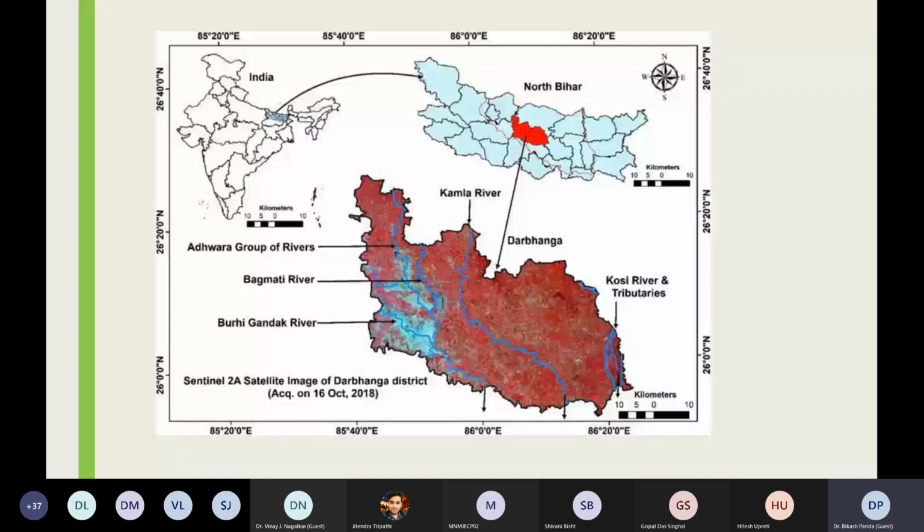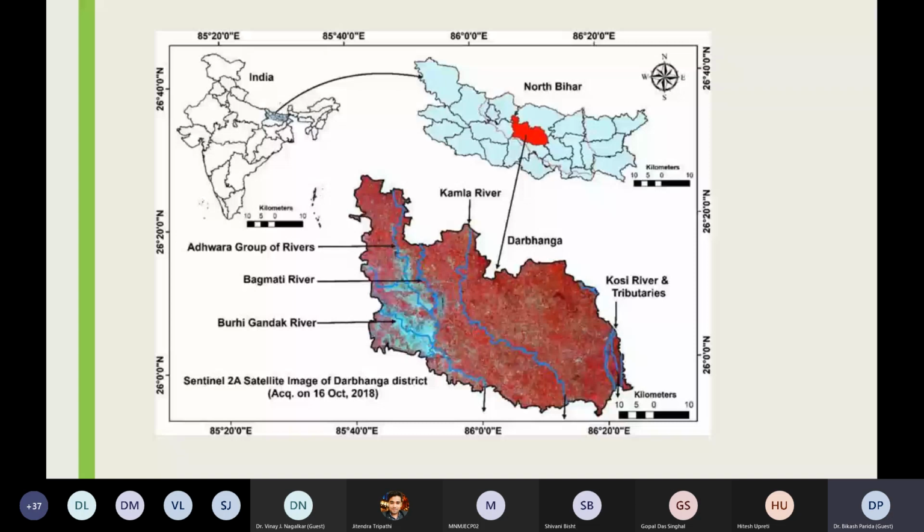Because of all these rivers, they take the full amount of water during the flooding seasons and inundate the nearby areas, and that's why the problem. So this district is very prone to flooding, the socio-economic conditions of the people living there are heavily affected, and even the agricultural areas are heavily affected by such flooding events.